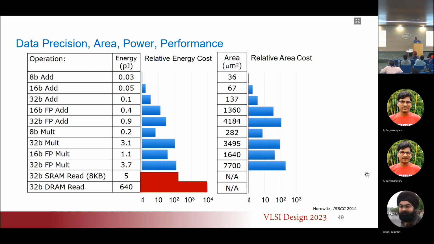Once I fit the tile into the cache, I want to torture that cache as much as I can before I fetch another tile. So I have this big matrix, and I have this loop that goes from input index 0 to the last index.